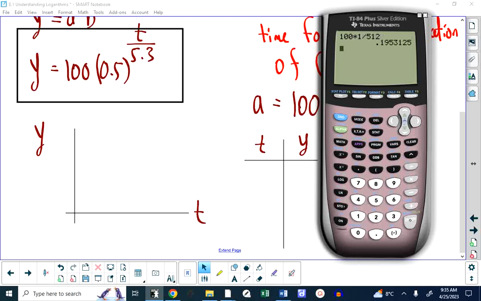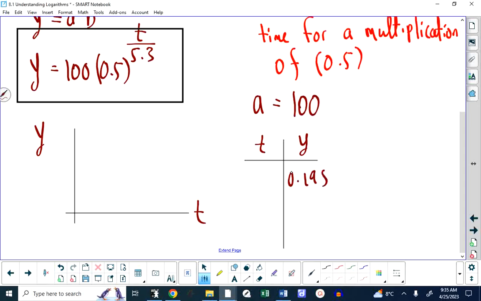And this is the percent we have left. Less than a percent. This is not, everybody, this is not 19.5%. It's 0.195%. So that means that we can put in here 0.195, and the problem, Janessa, becomes what is t?